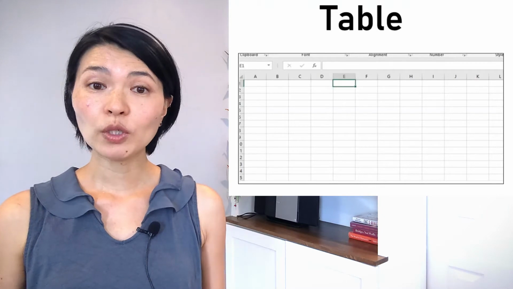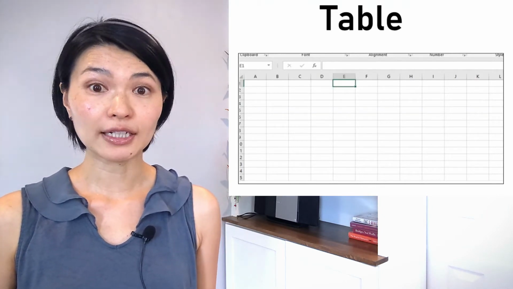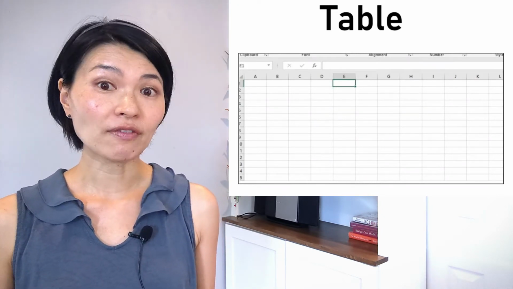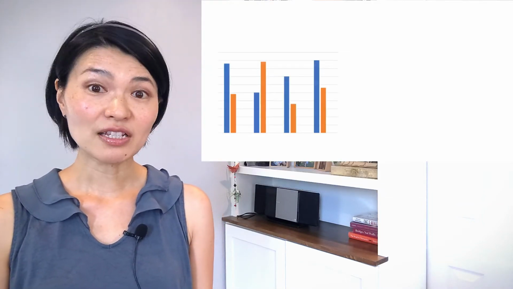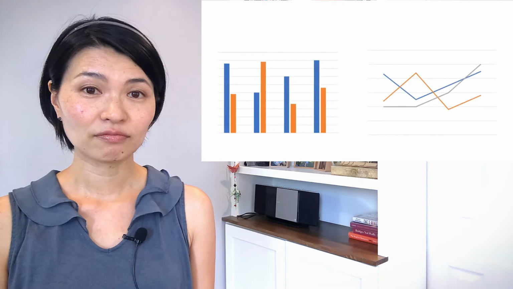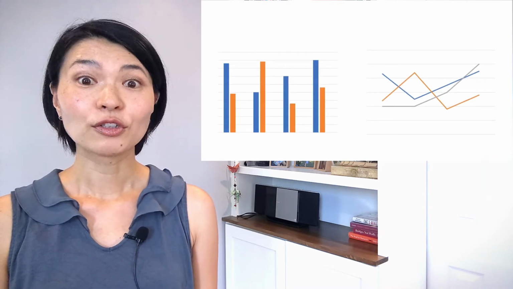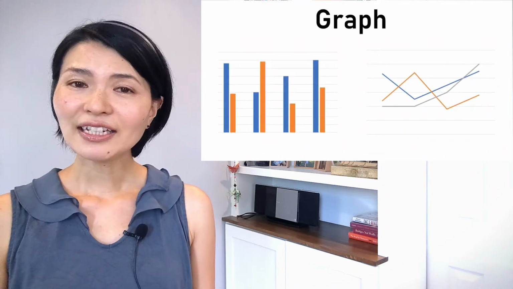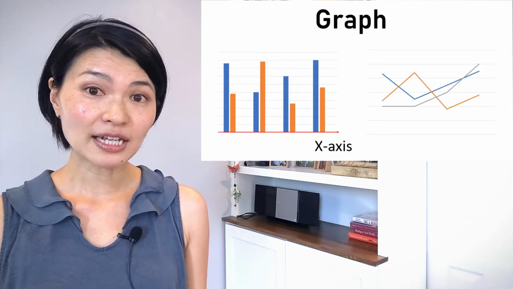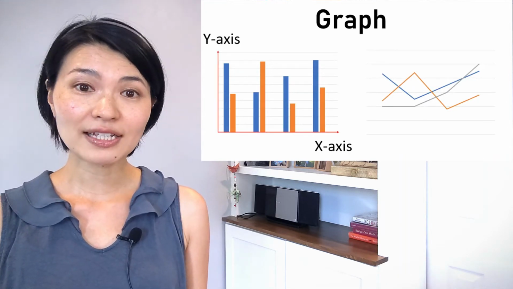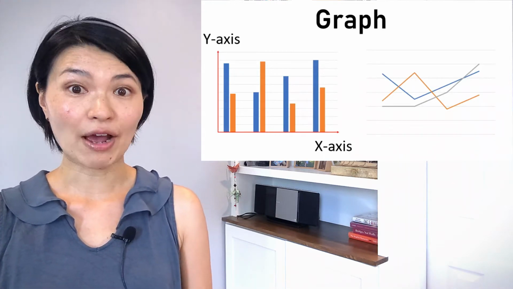You use it when you want to show raw data, the original data you haven't touched. Next one looks like this or this. They are graphs. Any chart that has the x-axis and the y-axis is called a graph.